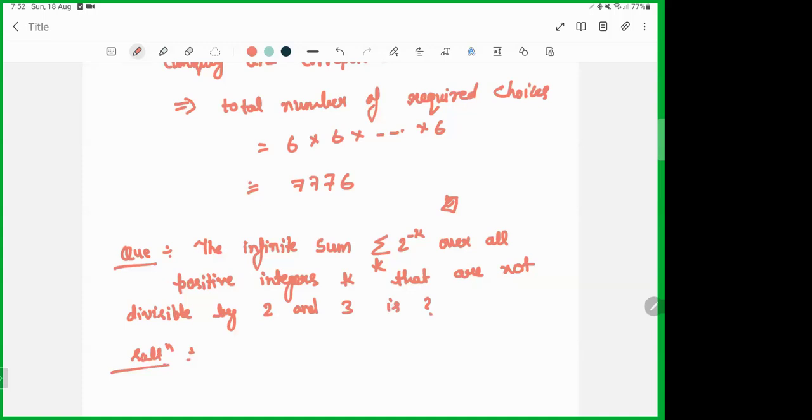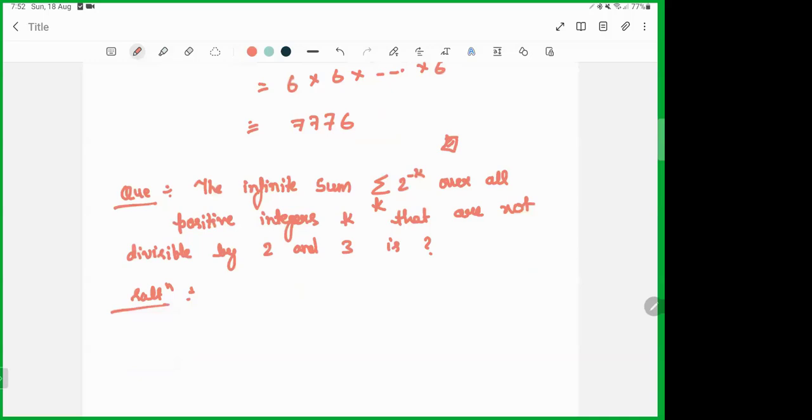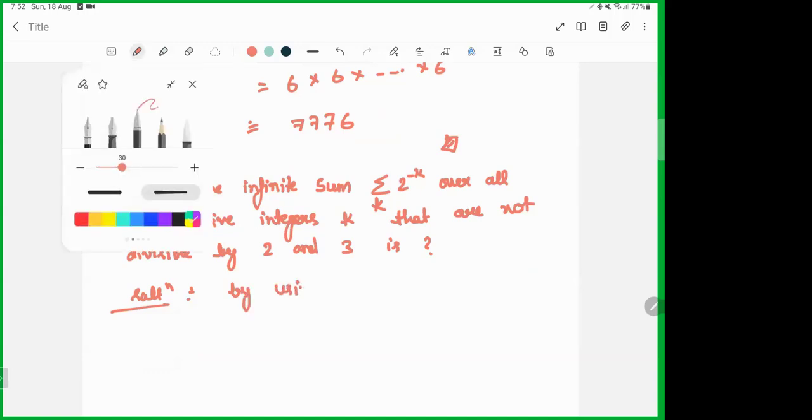Okay, so any idea how to proceed? So we can use the principle of inclusion and exclusion, right? Yes.